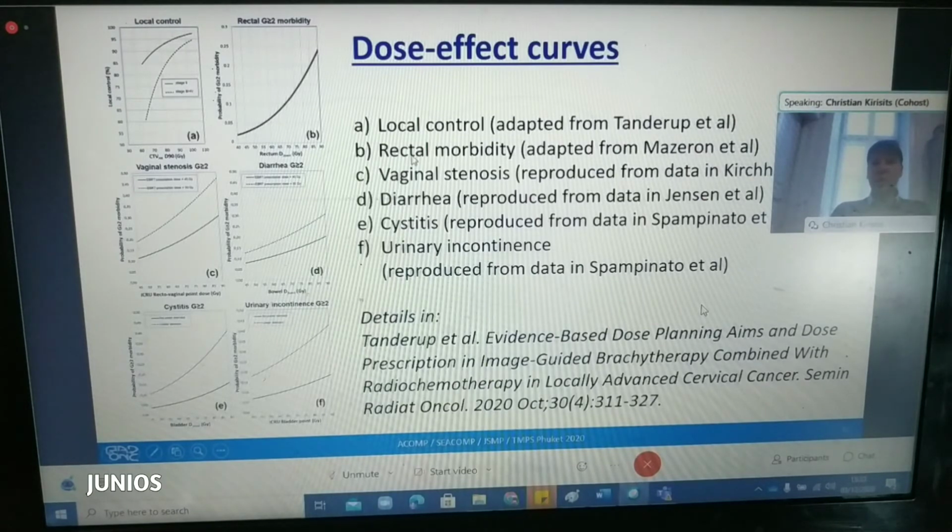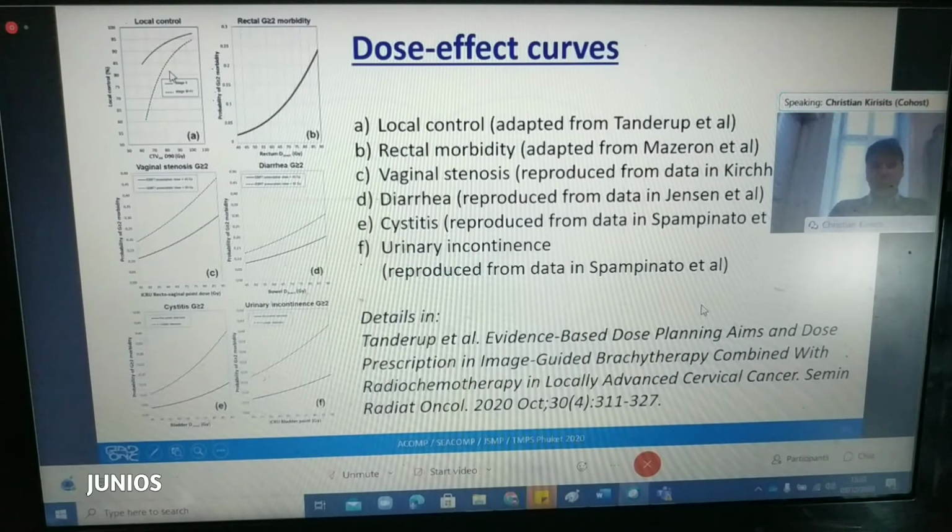We have dose effect curves for local control from retroEMBRACE, which is shown here, and I can tell you that just at the moment we are preparing these dose effect curves for EMBRACE 1. This EMBRACE 1 data is just analyzed, it was submitted, and then we also are able to produce local control data for EMBRACE. This is from retroEMBRACE here.